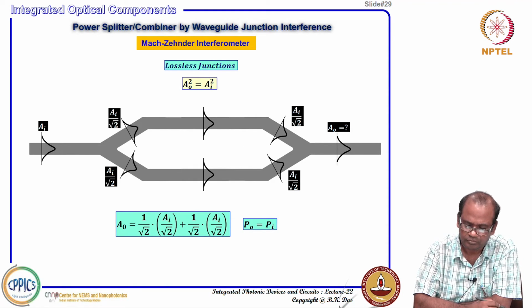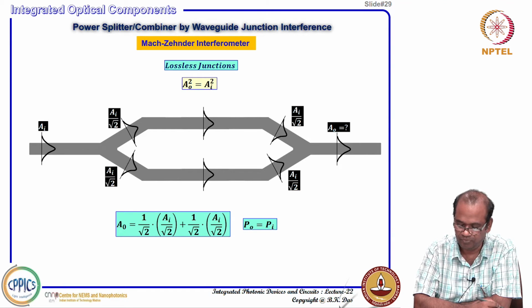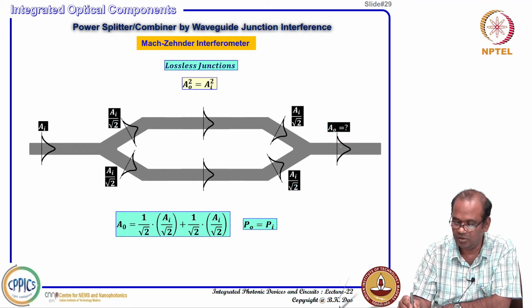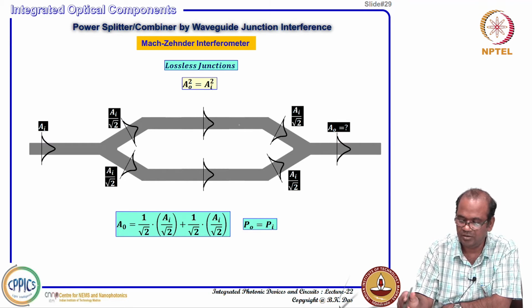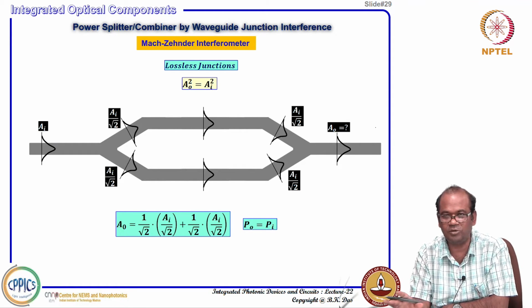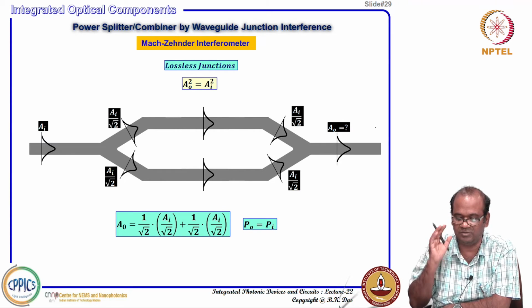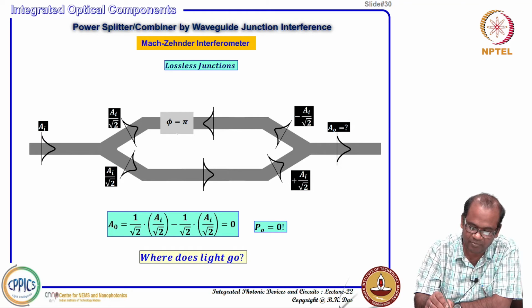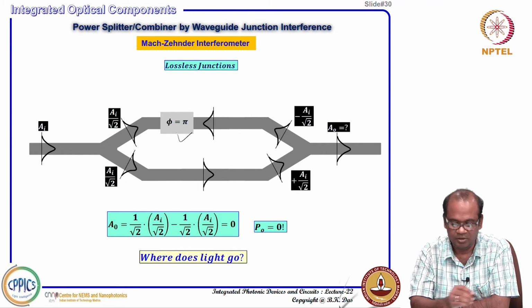Now let us see. I repeat again that nothing is blocked in either arm. In principle, from the energy conservation point of view, I do not have any paradox; everything is fine, right? Now, suppose you give a pi phase shift in one arm.